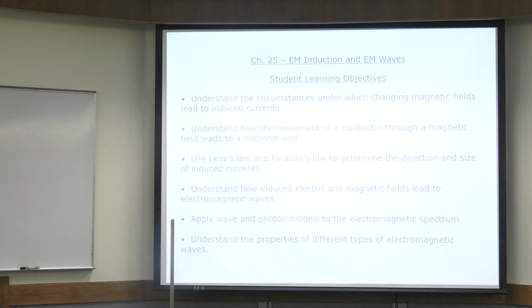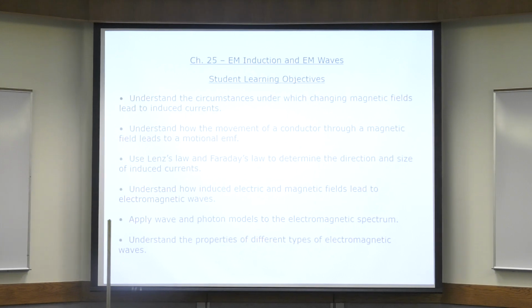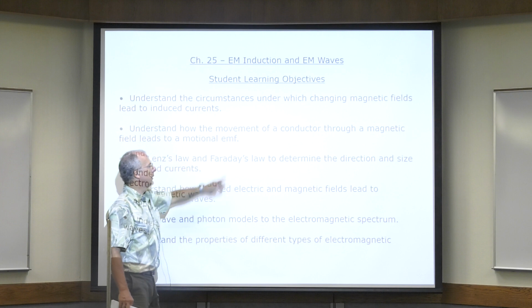We want to understand the circumstances under which changing magnetic fields lead to currents, induced currents. Understand how the movement of a conductor through a magnetic field leads to a motional EMF. We'll explain. Like a voltage, right? Remember, EMF is like a voltage.